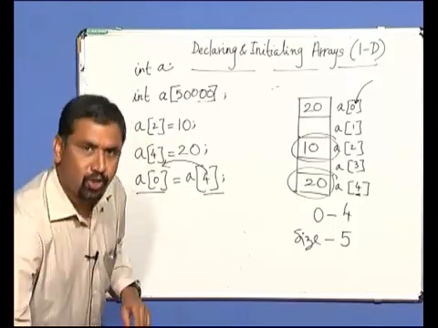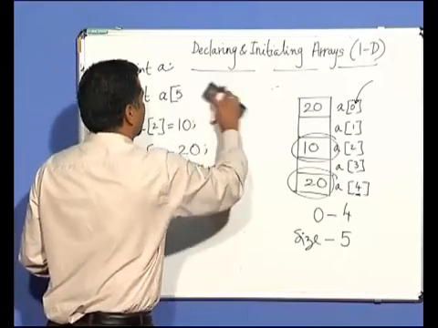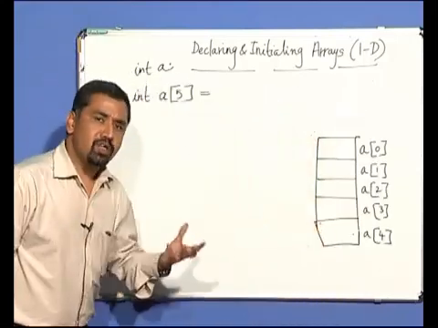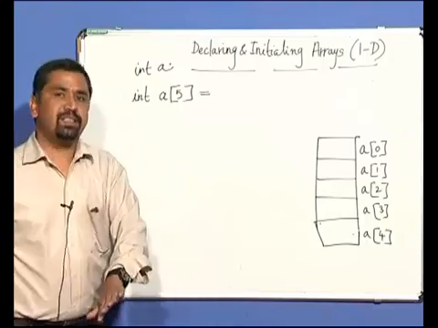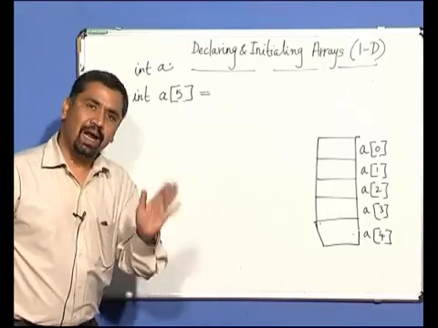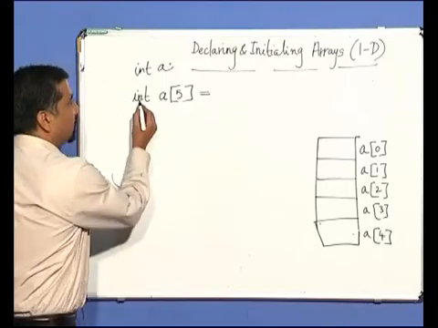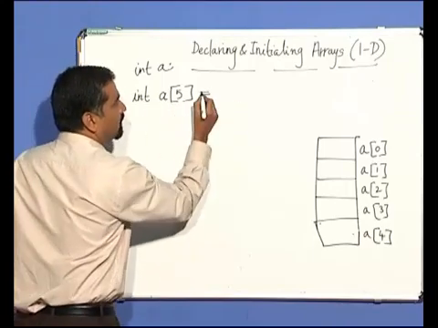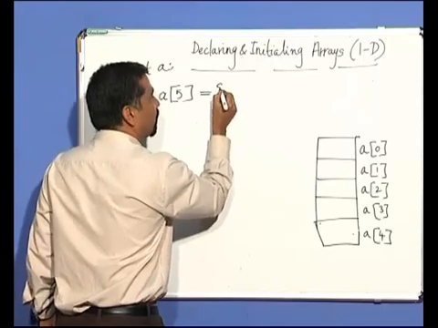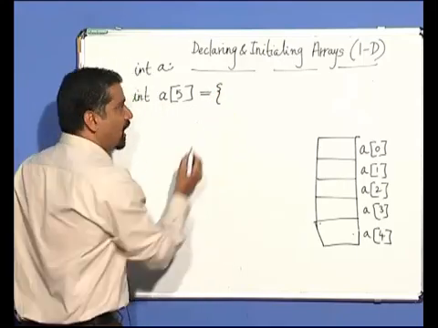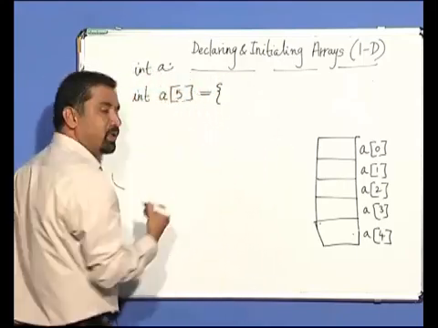So let us go back to these 5 elements only. We can also declare and initialize an array at the same time, in the same statement. This is how we do it. Declaring, and at the same time we put equal to, use braces, and give a list of values that you want to be put into this array.